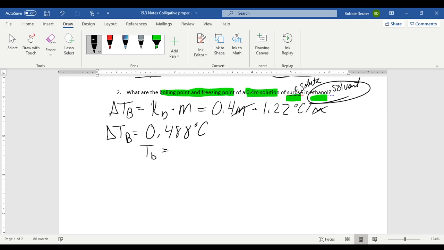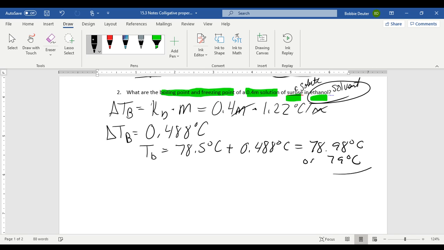We look at the actual boiling point of our solvent, which would be ethanol, and the boiling point of that is 78.5 degrees Celsius. We're going to add that because we're elevating it by 0.488 degrees Celsius. And in this case, you get 78.98 degrees Celsius, or 79 degrees Celsius, would be the answer for the boiling point of this.